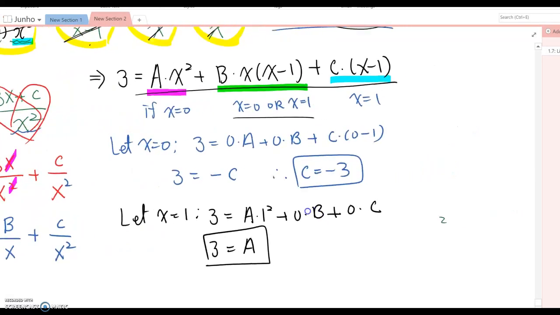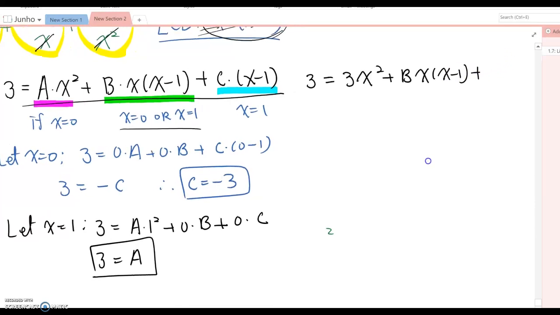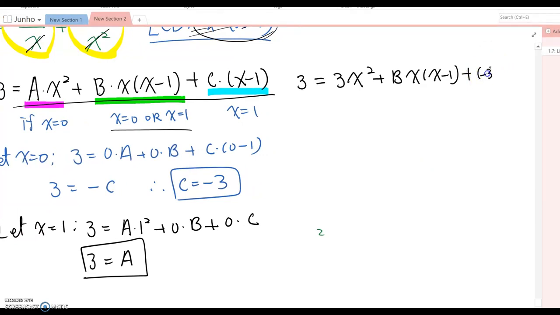Okay, so let's do it. Then this becomes 3 equals 3x squared plus bx times (x minus 1) plus negative 3 times (x minus 1).